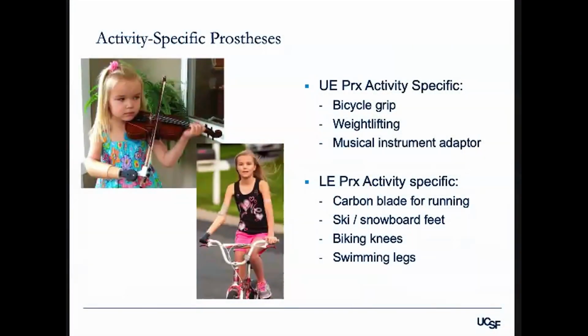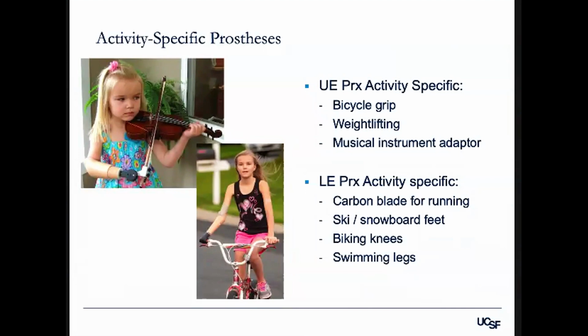So with regard to activity-specific devices, children who require prostheses are generally highly active and interested in a wide array of activities. These activities often require the provision of a separate or secondary prosthesis with activity-specific components.